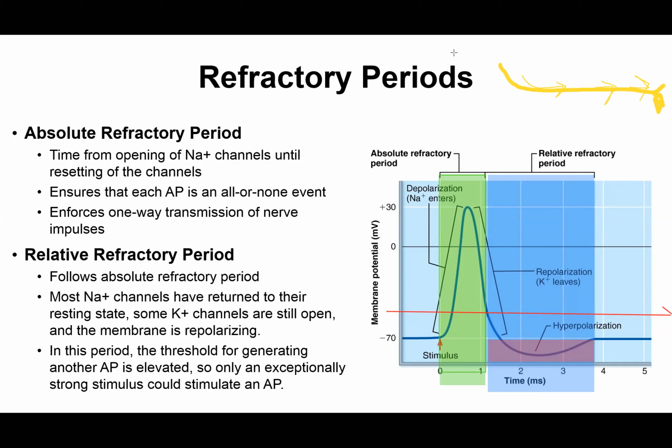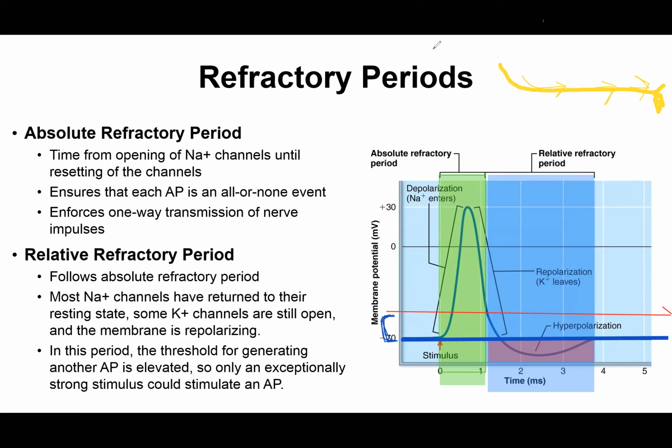But at resting membrane potential, we start out here. Okay, so at rest, we only have to change 15 to 20 millivolts to have that all or nothing phenomenon.